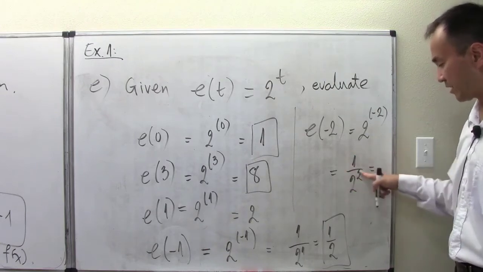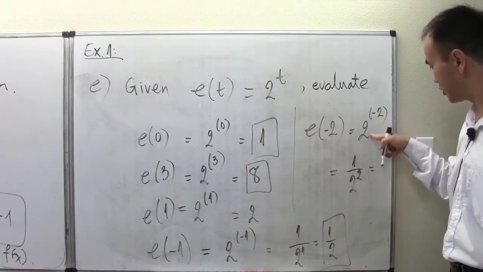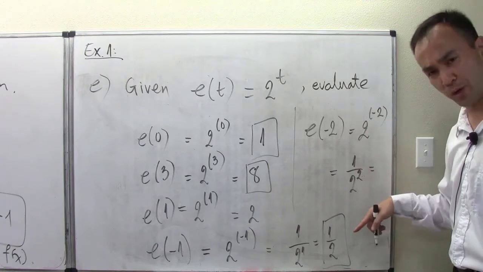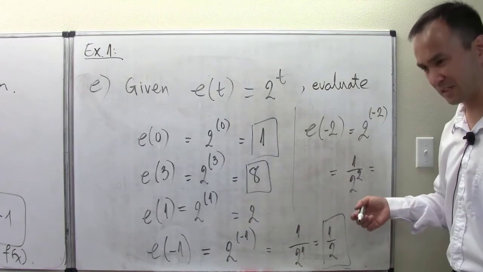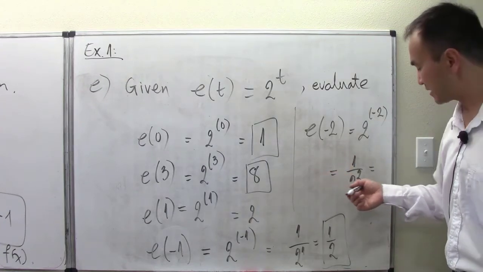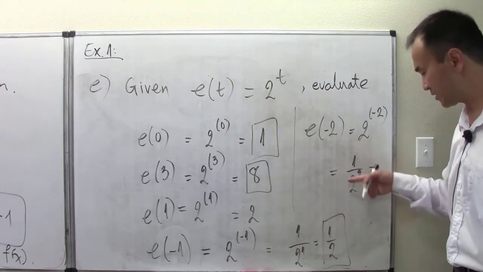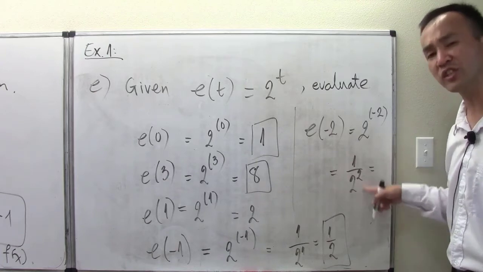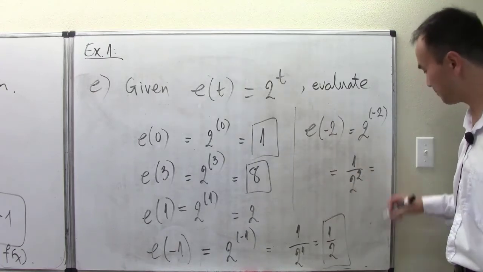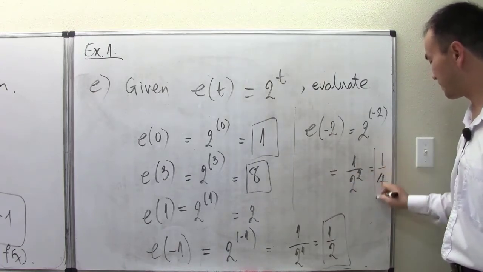If anyone has a question about how 2 to the negative 2 equals 1 over 2 squared, you need to find a way to contact me with my school email address, or some other way outside of the lesson, so I can explain. But this is going to be 1/4.